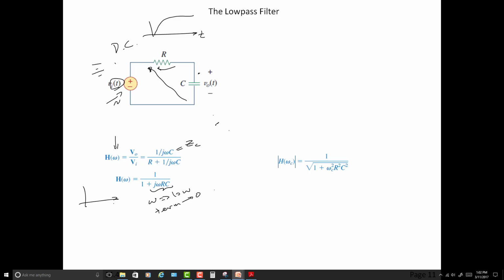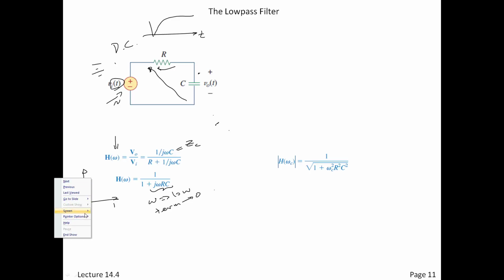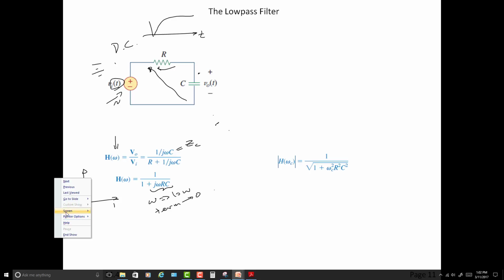I've got a fixed 1, and I've got this other vector over here whose length is omega RC, right? And this length keeps getting longer and shorter. So here's that magnitude, and that's all I've created right here. That's all I've got. It's that magnitude.